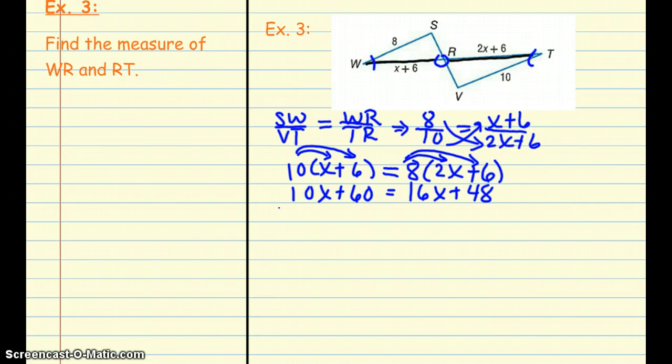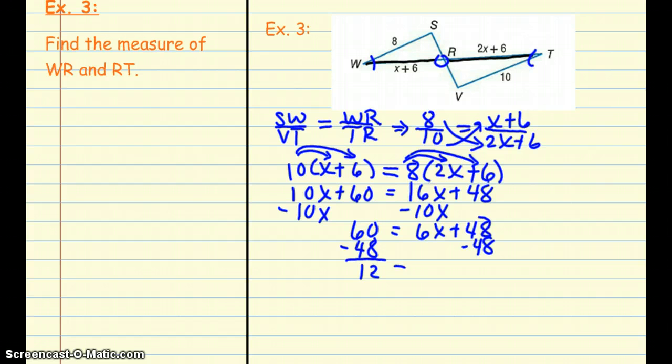And now we're going to solve for x. So I'm going to subtract 10x from both sides. And then subtract 48 from both sides to give me that 12 is equal to 6x, and dividing by 6, I get x is equal to 2.